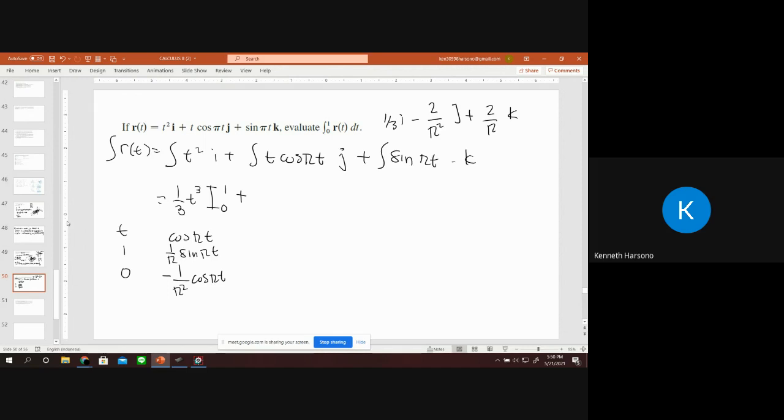Okay, and have any question about this integration? No. Okay, this one is plus minus, so you can just write it t over pi sine pi t plus minus times minus, so it just becomes positive 1 over pi squared cos pi t from 0 to 1, plus this one just becomes 1 over pi, cos, sorry, minus cos pi t, okay, from 0 to 1.